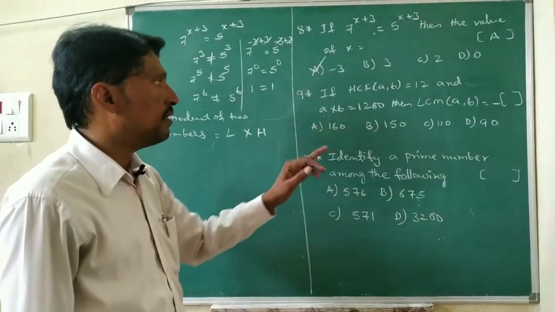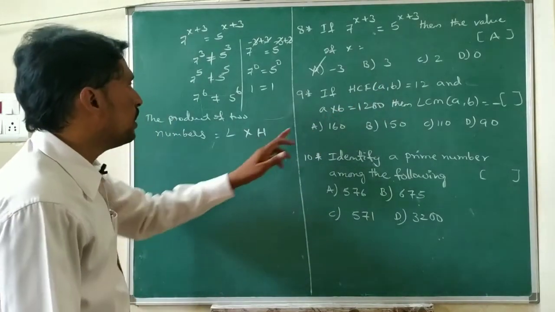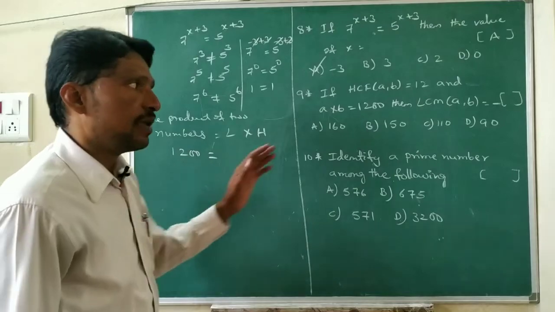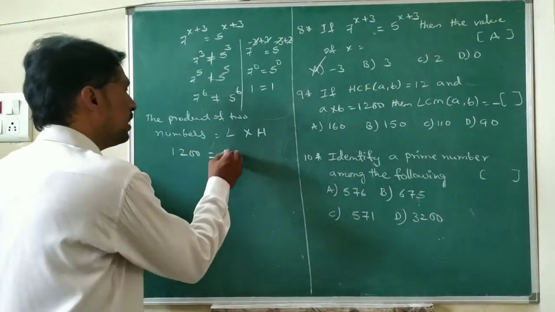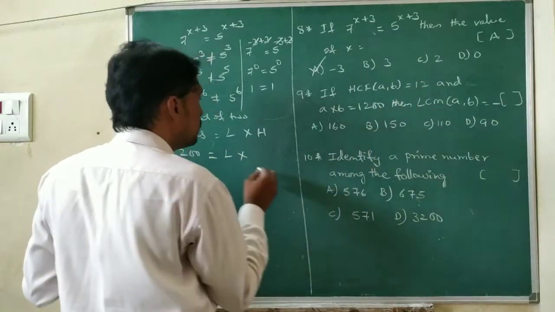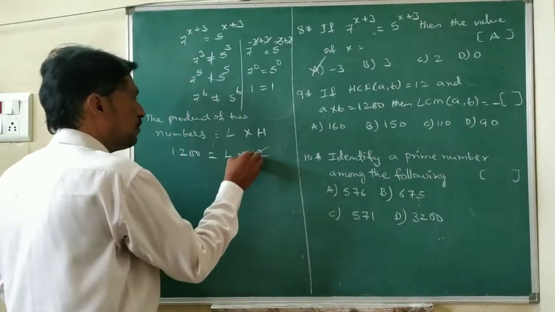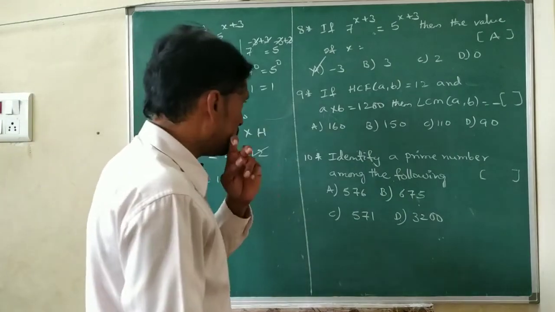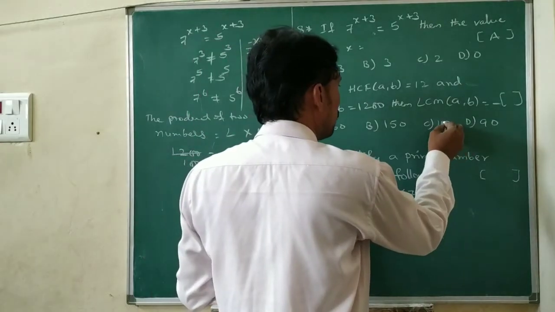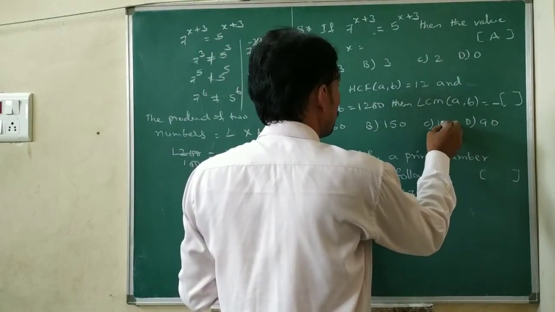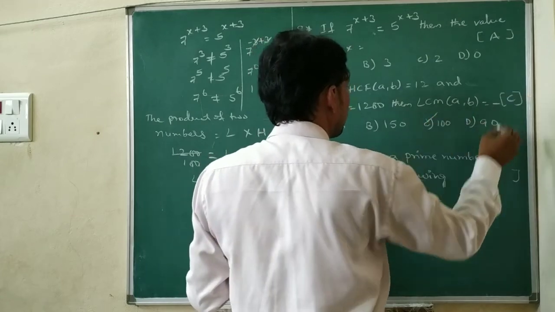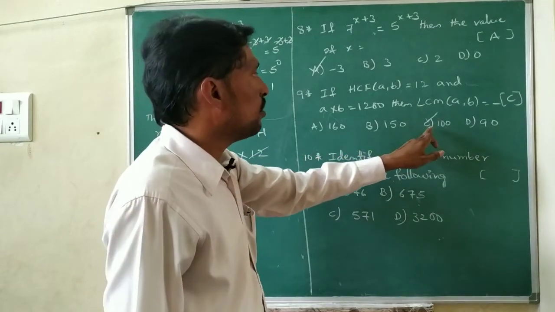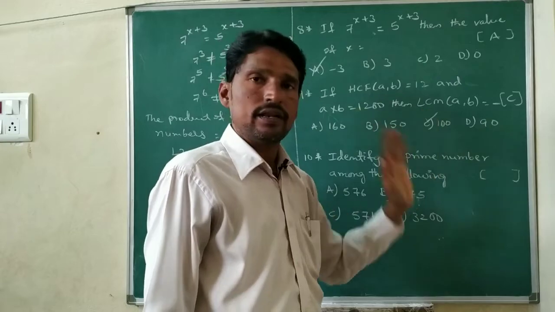The product of the two numbers a and b is given as 1200. The HCF of the two numbers is 12. So LCM equals 1200 divided by 12, which is 100. We do not have this among the options, so it may be 100. I took option C, 100.